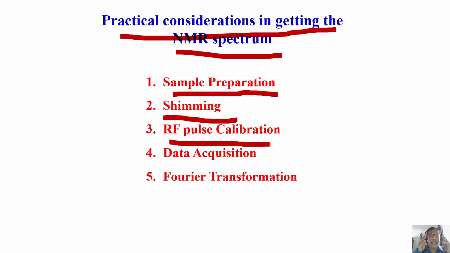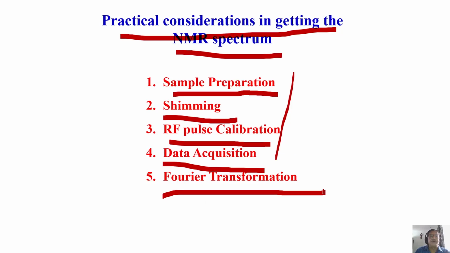For example, I need a 90-degree pulse, 180-degree pulse, or any angle, and also the pulse phases. And I should know about data acquisition, like choosing the appropriate spectral width and designing the number of time domain points, size of the memory for acquisition of the data. These small considerations are essential.